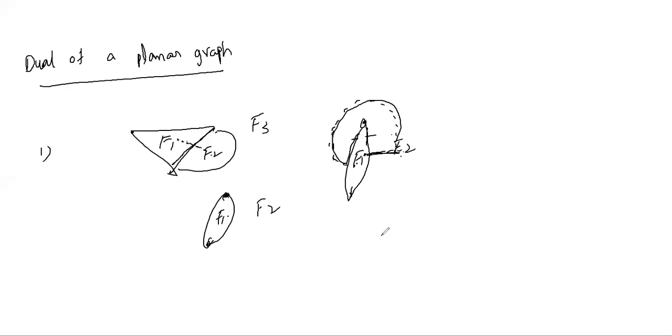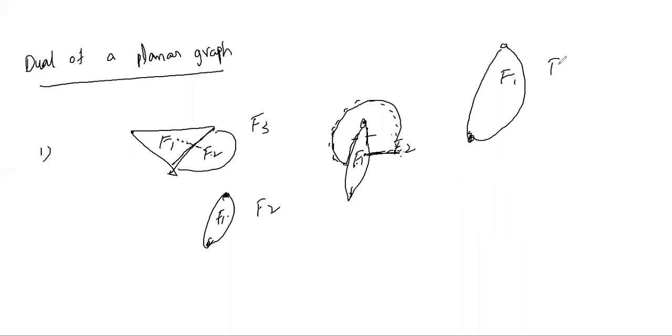Third condition: for any edge lying entirely in one region, for example, wait a minute. If you know these conditions, you can draw any dual graph easily.